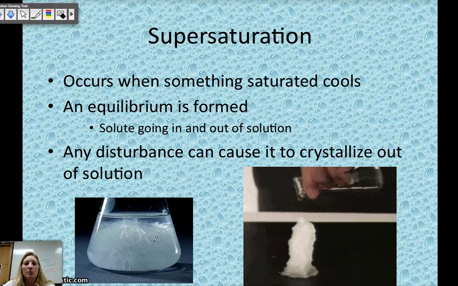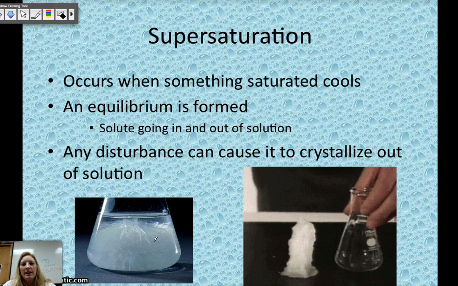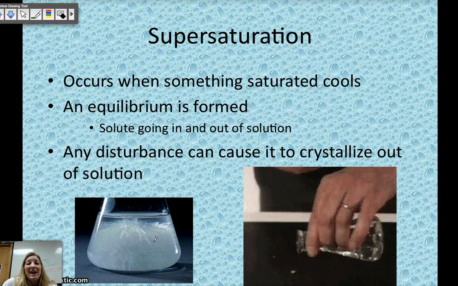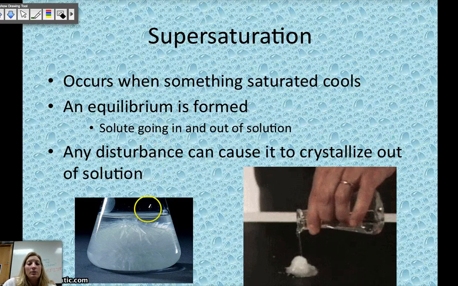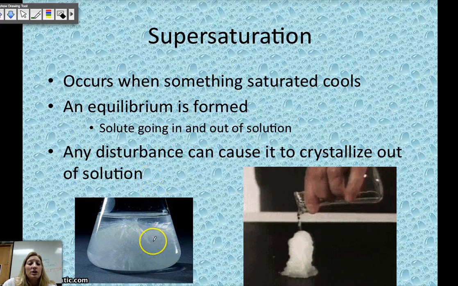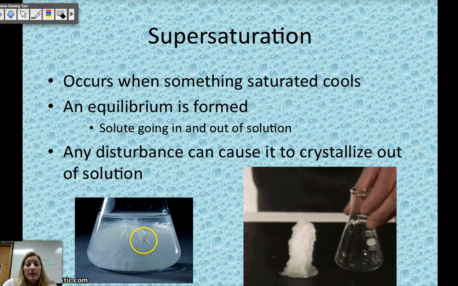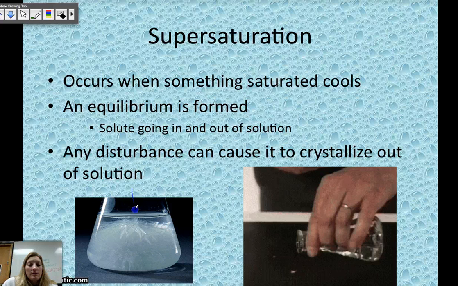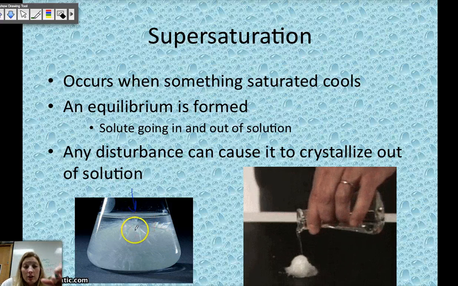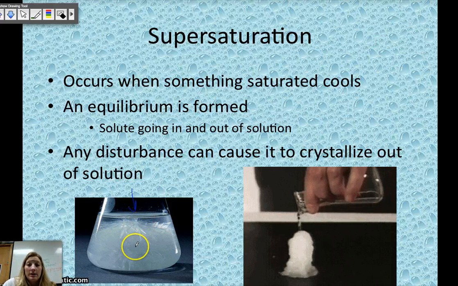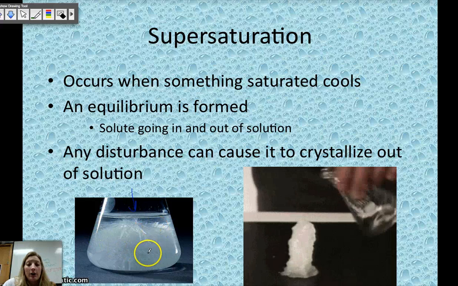Sometimes they form this equilibrium where stuff is kind of moving in and out and nothing really happens until you disturb it. So in this one right here, this is a solution that has a ton of this solute dissolved into the solvent. We've let it cool down and we've added a disturbance. We put one crystal of this salt in here and it crystallized all out.